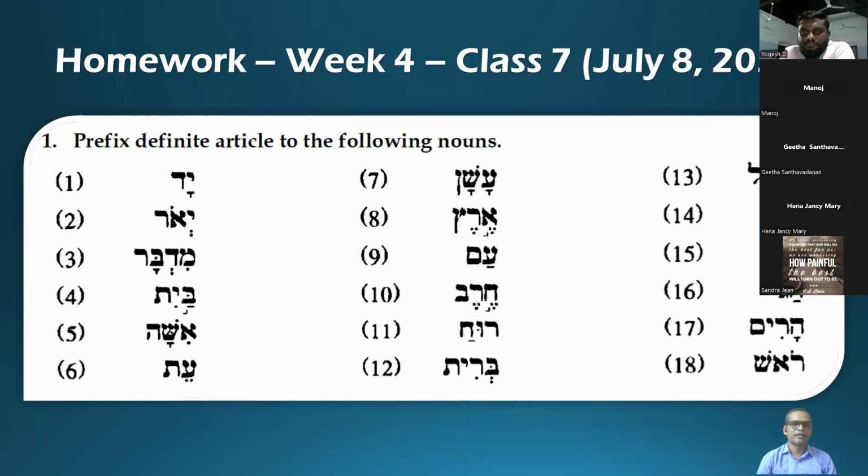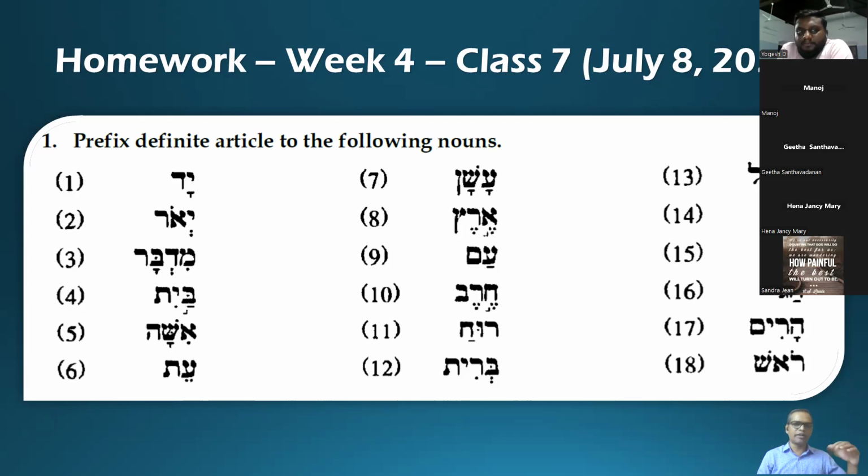Sir, I have one doubt. Yes, Yogesh. Sir, in bet we have Dagesh Lene. In this case, can we add Dagesh Forte? Yes, in this case, you are prefixing he. When you prefix the letter before the bet carrying Dagesh Lene, it loses it. There is no need of Dagesh Lene, because Dagesh Lene will be placed in the Begadkefat letters when they begin a word or begin a syllable.